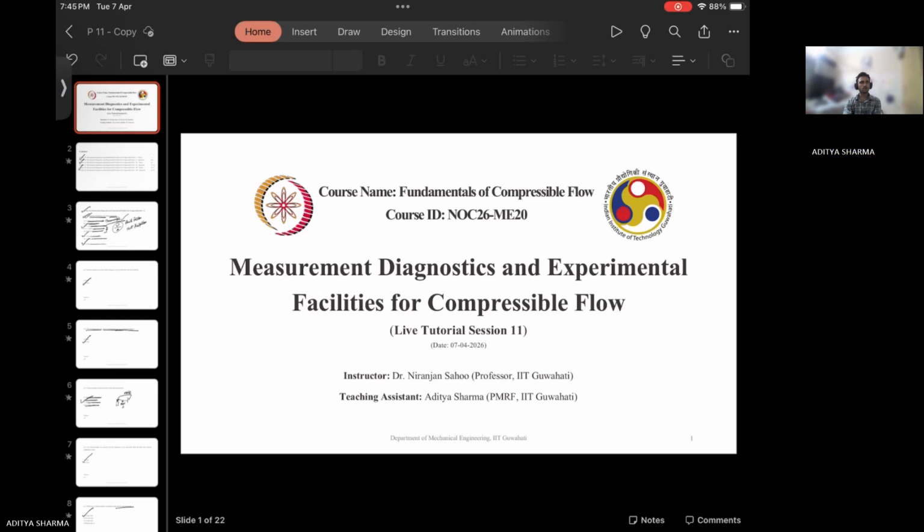Then in lecture number 28, subsonic wind tunnels have been discussed: the settling chamber, the contraction zone, the test section, and how we want the turbulence in the wind tunnel to be minimum.